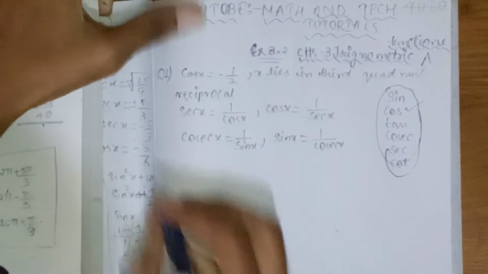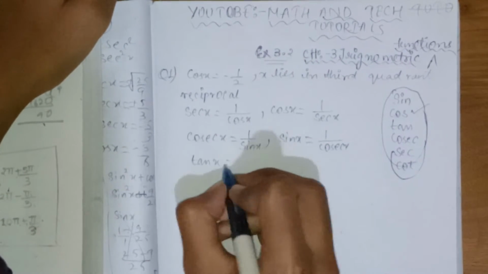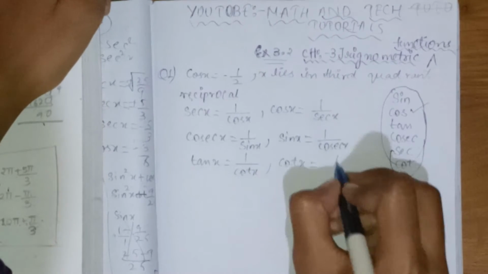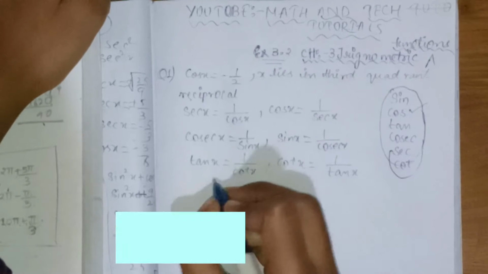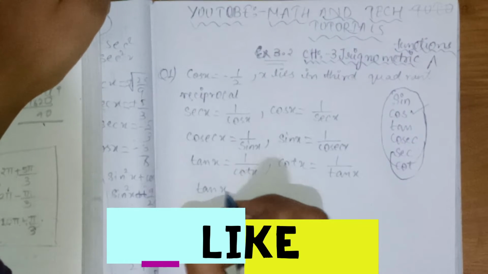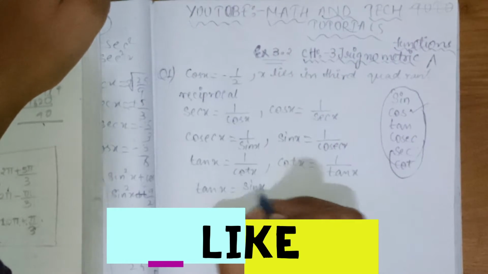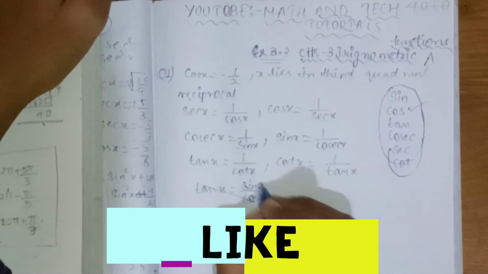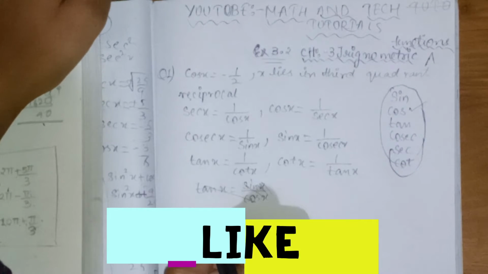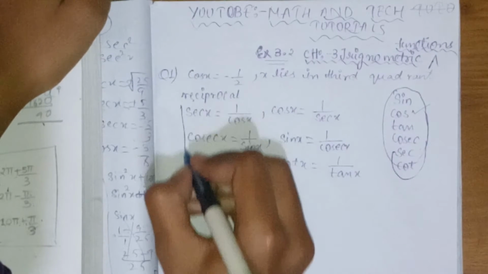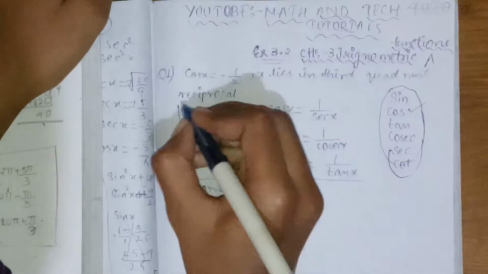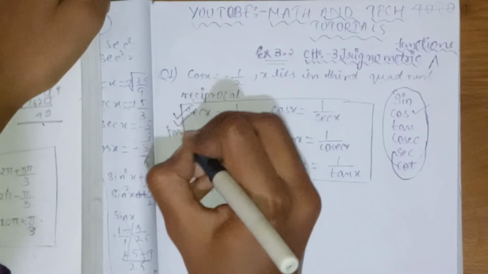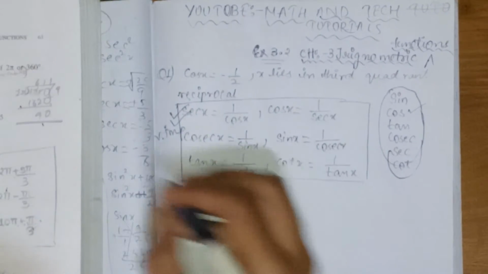Then tan x is equal to 1 by cot x. Cot x is equal to 1 by tan x. Another formula for tan x is sin x by cos x. These are the most important formulas which you need to learn. Very important formulas.